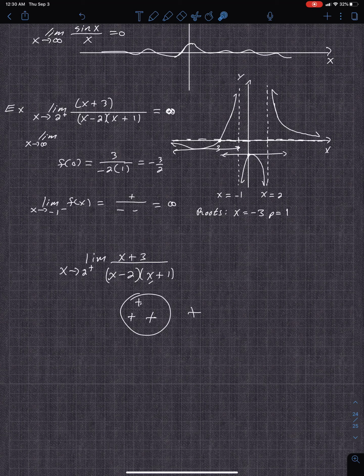Same arguments as you approach -1. That's here, -1 on the left. If you push negative on the left, then you get a negative, negative, positive. So the whole thing is going to positive. So -1 on the left, again, is going up. Okay, so we'll talk more about this one.